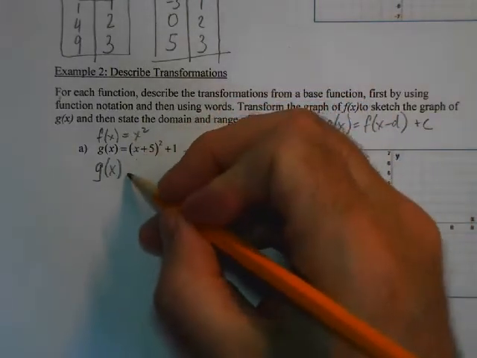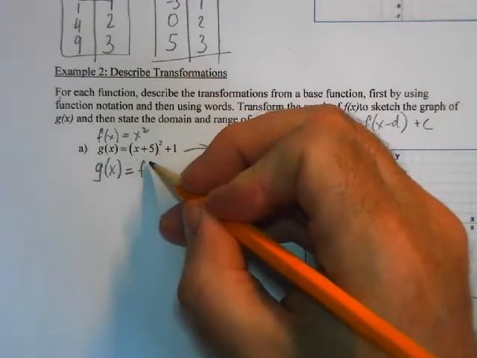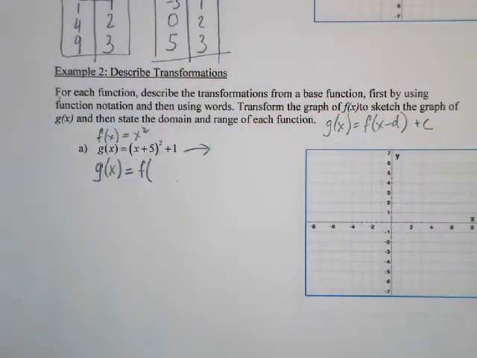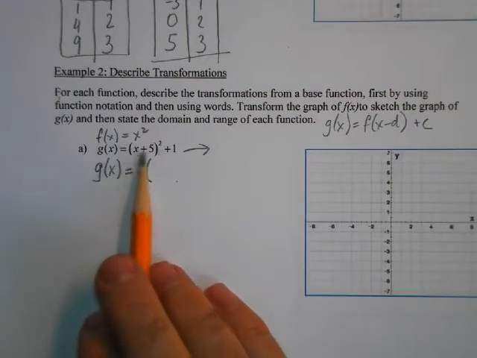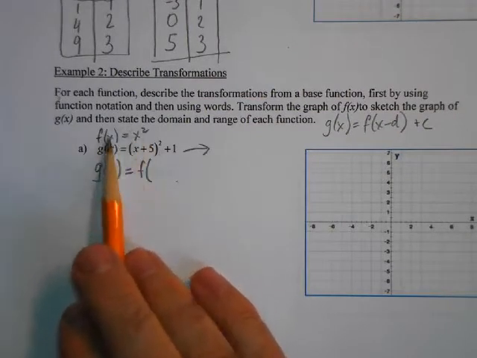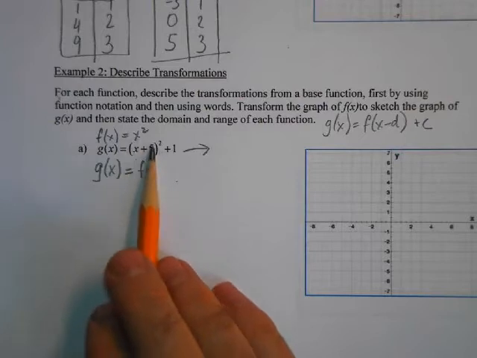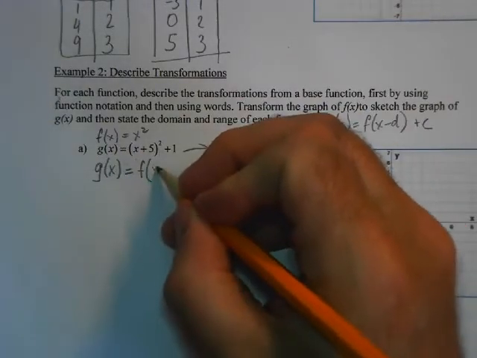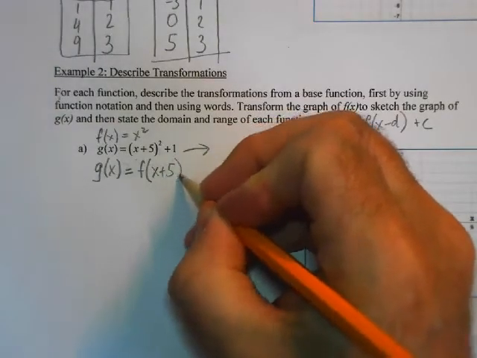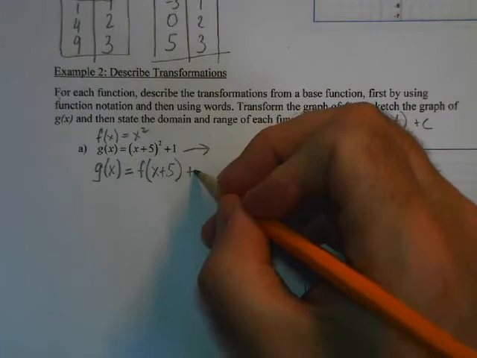So the way we do that, I'm going to start off with my f and then my bracket, and then ask myself, what's the new input for f of x based on what I have here. And you can see instead of just squaring x, we're squaring x plus 5. So in this case we've got x plus 5 as our input for x squared, and then at the end here we have our plus 1.